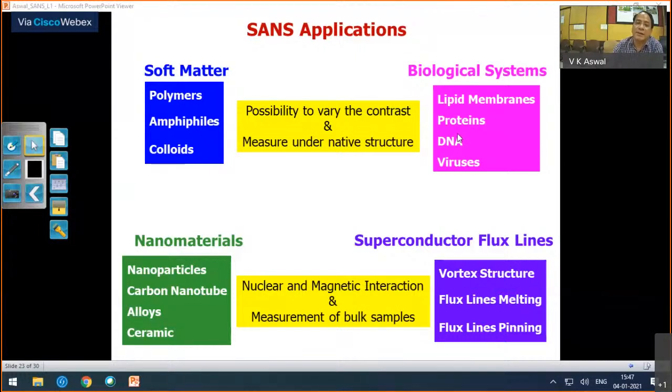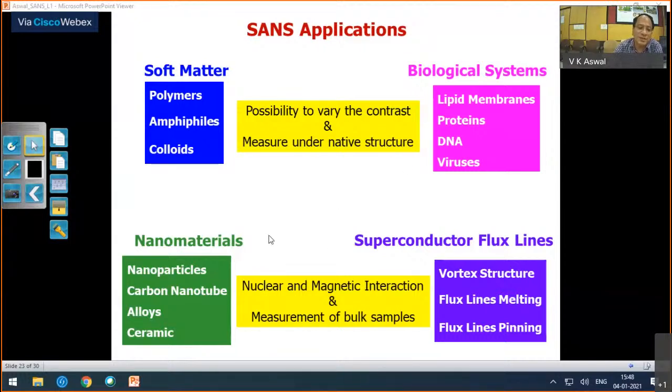Another important thing is that you measure these systems in their native structure, under native conditions. For many biological systems, if you use other techniques like microscopy, you don't measure them under native conditions. With the scattering technique, you have the advantage that you can measure these systems under native conditions.